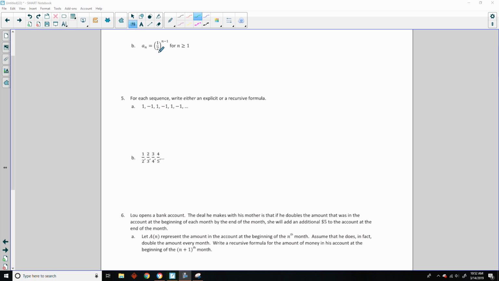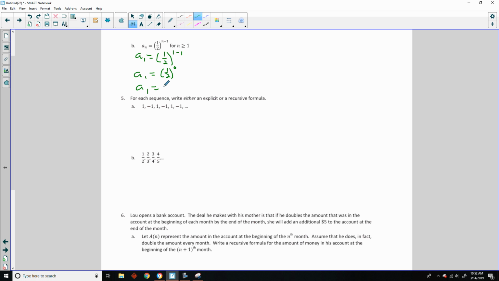Okay, a sub n equals 1/2 to the power of n minus 1 for n greater than or equal to 1. Okay, so again, I'm just going to find a sub 1, which equals 1/2 to the power of 1 minus 1. So a sub 1 equals 1/2 to the power of 0.